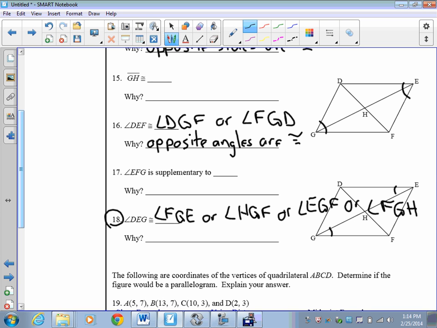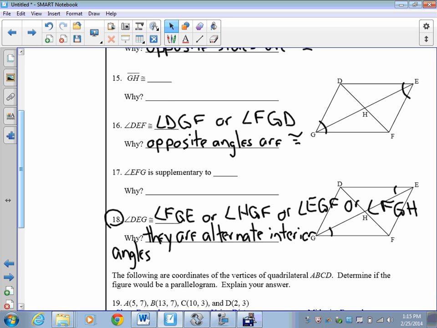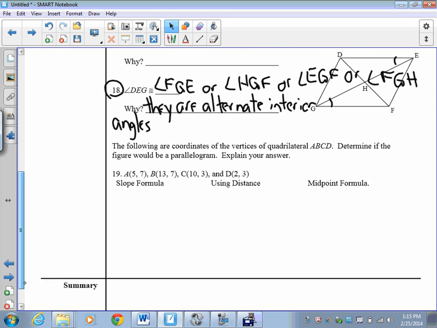Again, a little bit of review on how to name angles. G is the middle letter in all these. That's because it's the vertex. Just trace out the letters and you'll see that angle that I just wrote down. Why? They are alternate interior angles. The lines are also parallel. So remember, if the lines are parallel, alternate interior angles will be congruent.